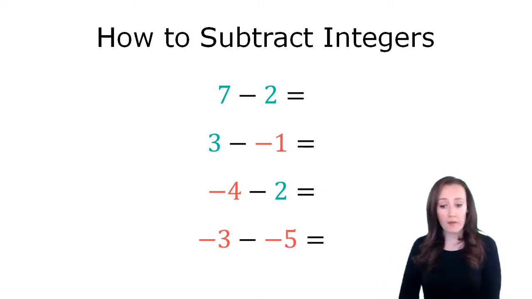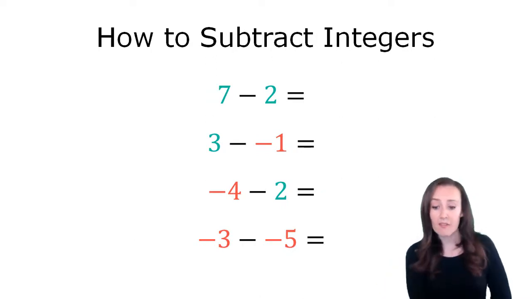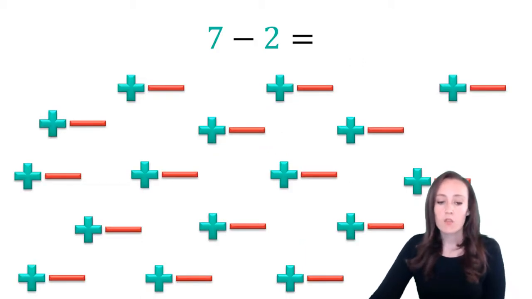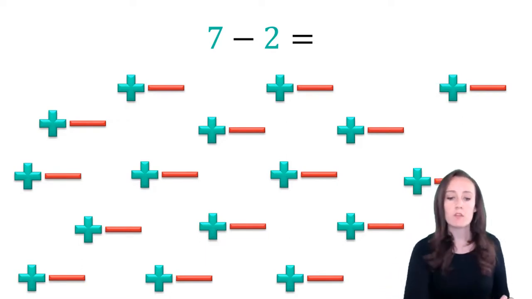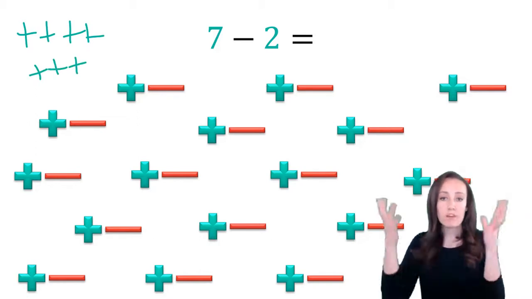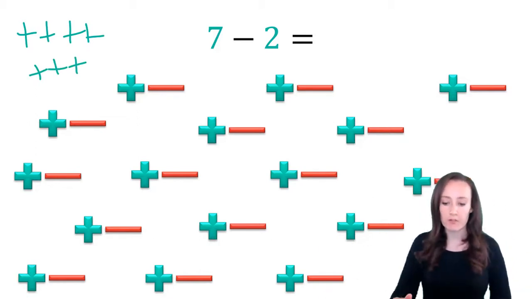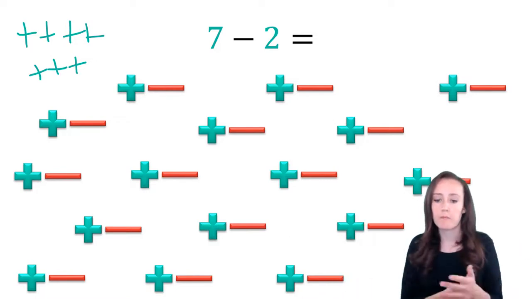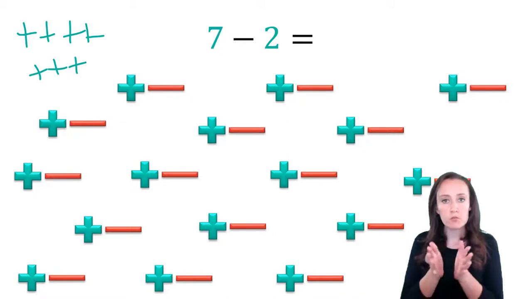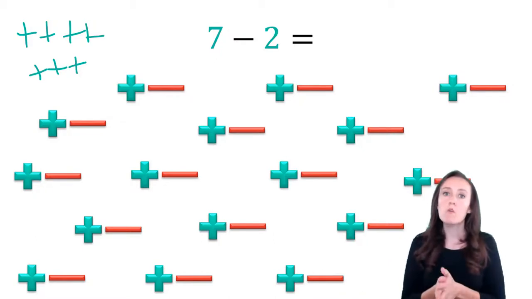So what about subtracting integers? What does that look like? So I'm going to go through each of these examples using this same analogy. So if I have 7 minus 2, that means that I'm going to start off with 7 positives inside of this infinite amount of positive and negative pairs, because there's even more positive and negative pairs than I could put on this page, but they all end up neutralizing each other and equaling 0.